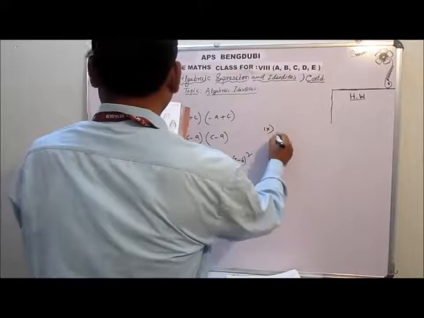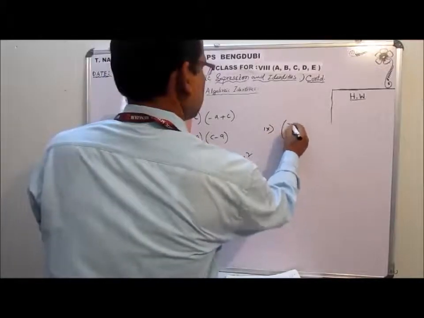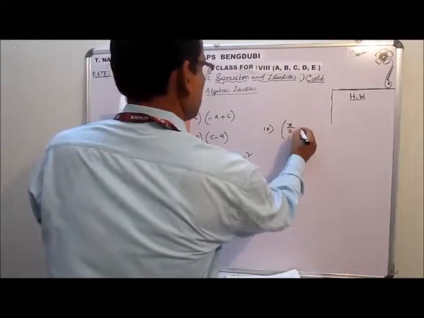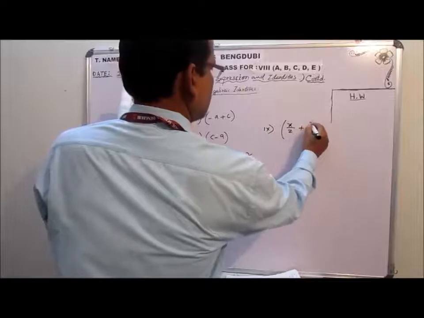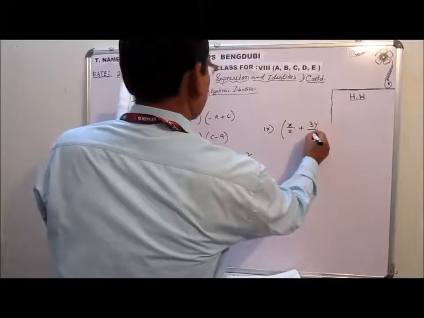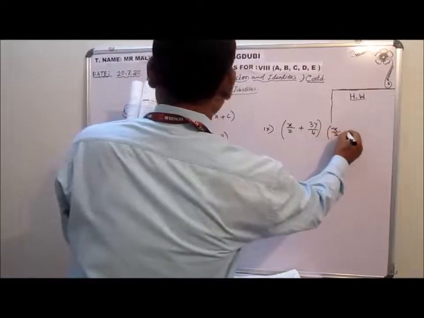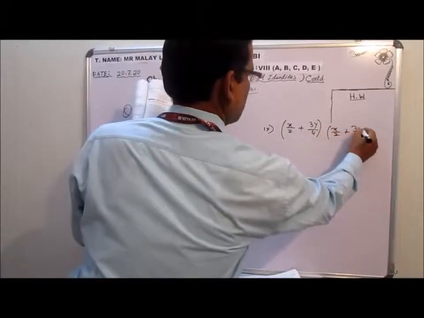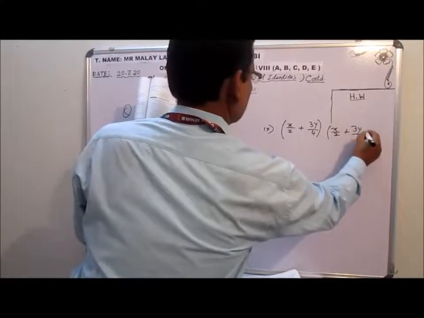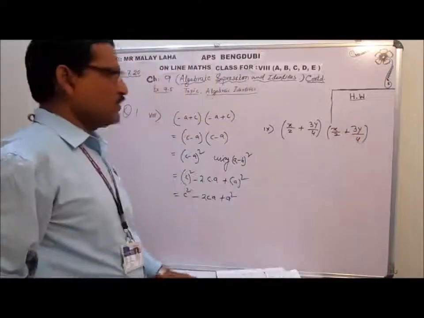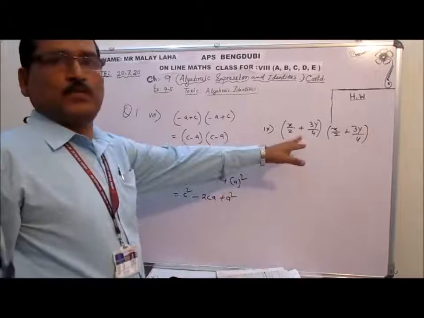Now coming to next, 9. It is a rational number: (x by 2 plus 3y by 4) into (x by 2 plus 3y by 4). Same way, it is a product of two binomials.